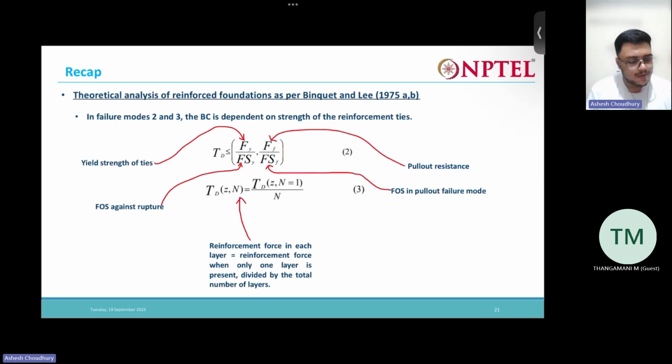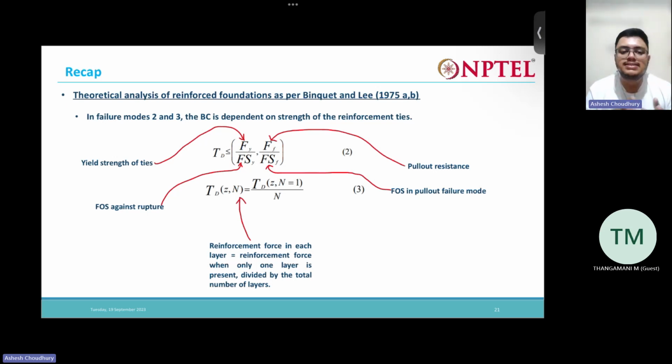Now, in failure modes 2 and 3, the bearing capacity is dependent on the strength of the reinforcement ties, obviously. This bearing capacity is directly dependent on the strength of the reinforcement ties.